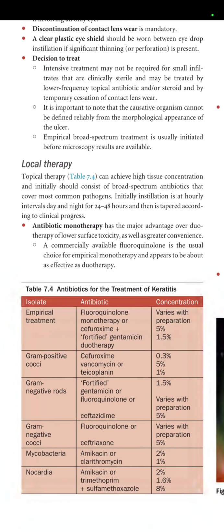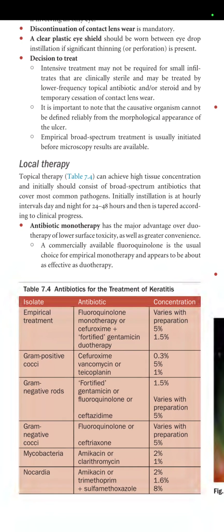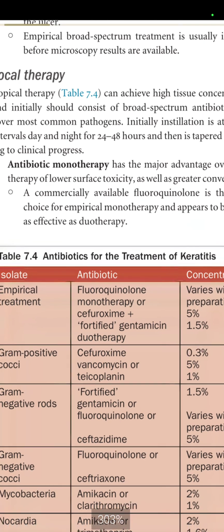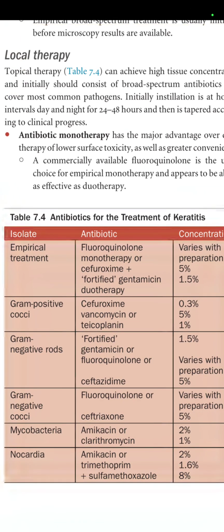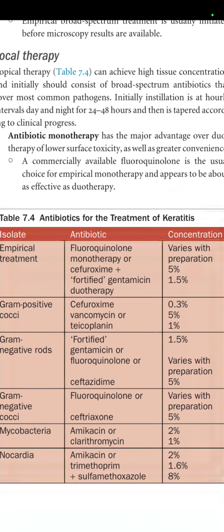So antibiotic monotherapy. Let's see table 7.4, antibiotics for the treatment of keratitis. So we have empirical treatment. Empirical treatment is basically fluoroquinolone monotherapy or cefuroxime plus fortified gentamicin duotherapy.